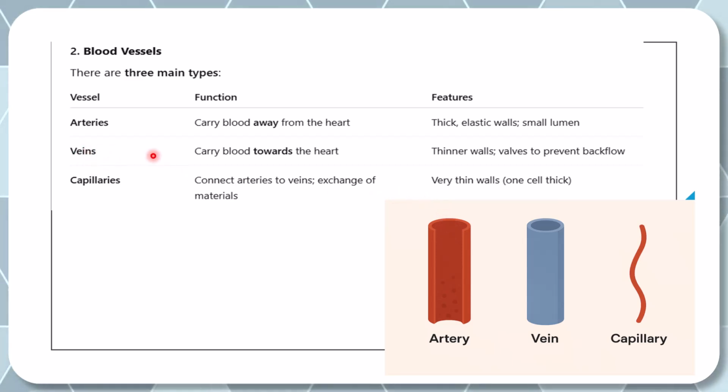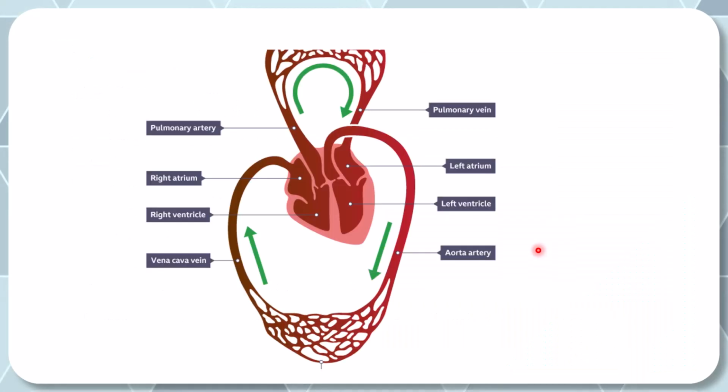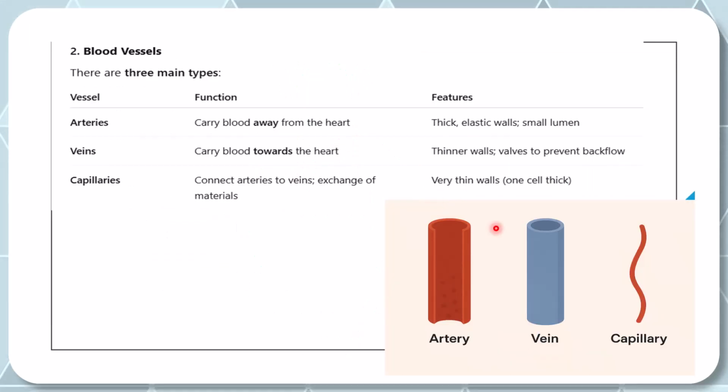Then the veins usually bring blood back to the heart, as you can see here. We have the vena cava, which is the main vein that brings the blood back, and the pulmonary vein that brings the blood back from the lungs. Veins bring blood back to the heart from all parts of the body.